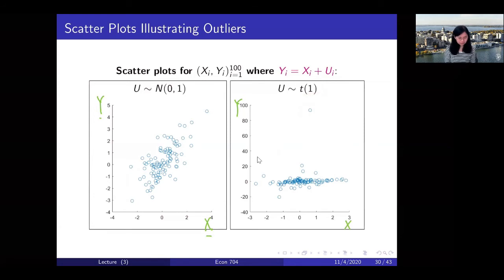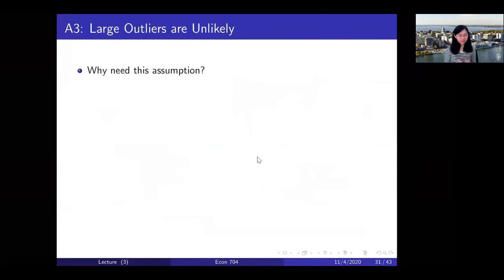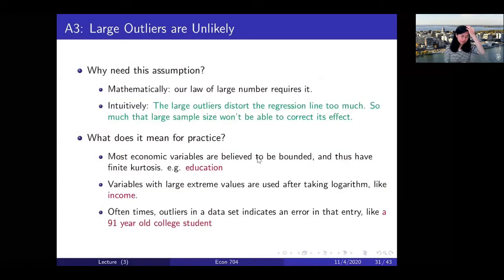All right, so that explains what this assumption is. But why do we need this assumption? We need this assumption for a mathematical reason. That is, our law of large number requires it. Our law of large number, remember, requires the variance of the relevant random variable to be finite.